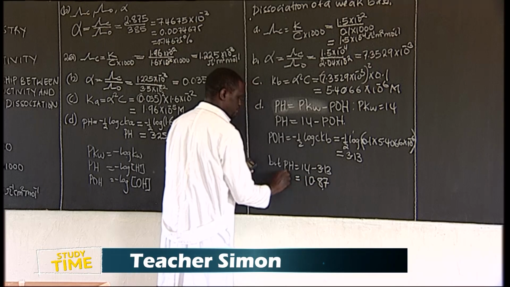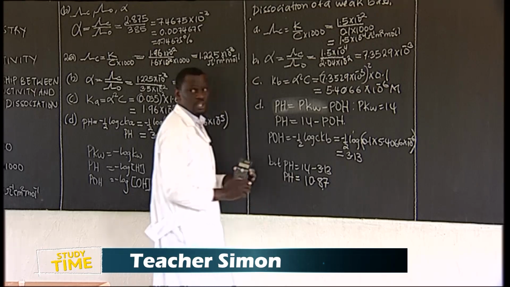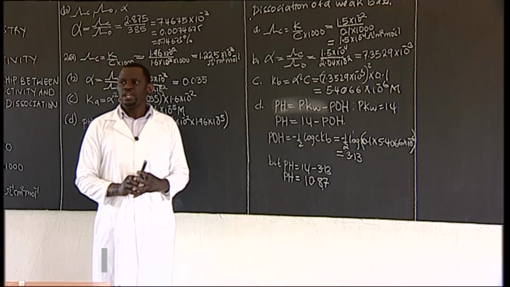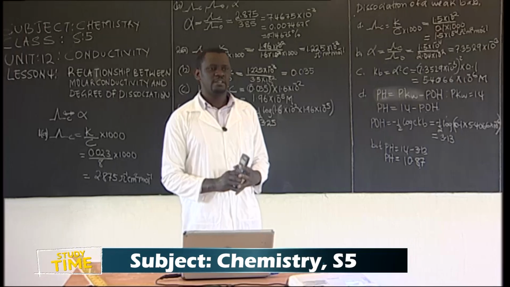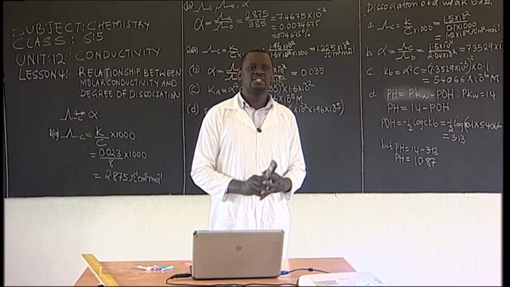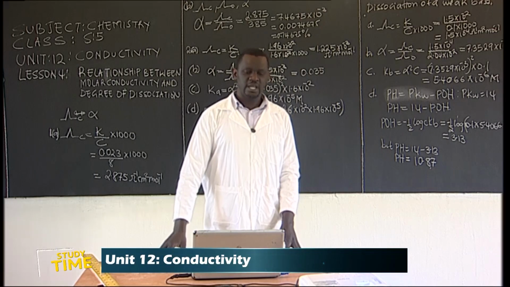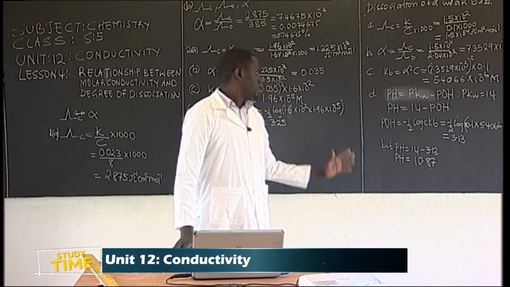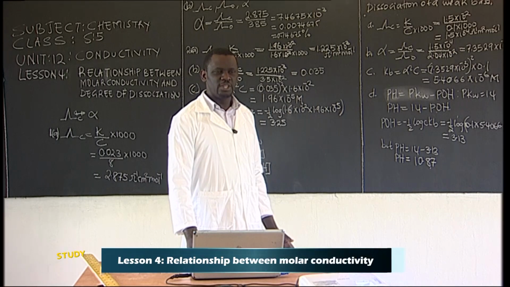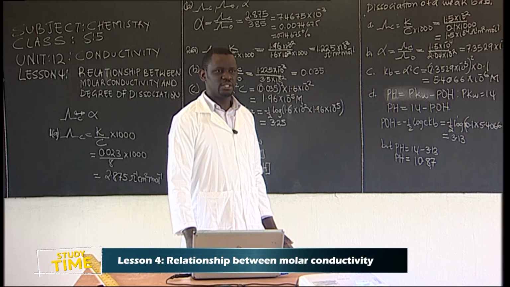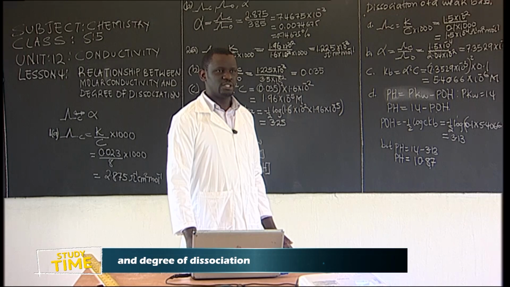When you are calculating pH, especially of bases, you should recognize that they're always supposed to be above 7. So when you have your answer and it's not above 7, it means your answer is wrong. Hope you followed us. We have many equations here which you need to take note of.